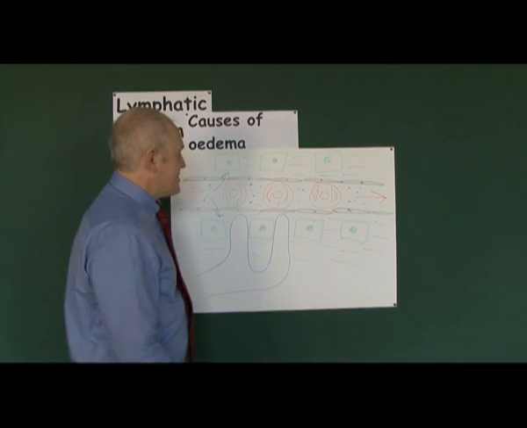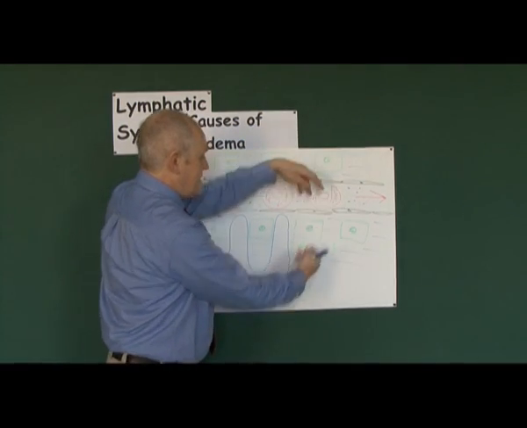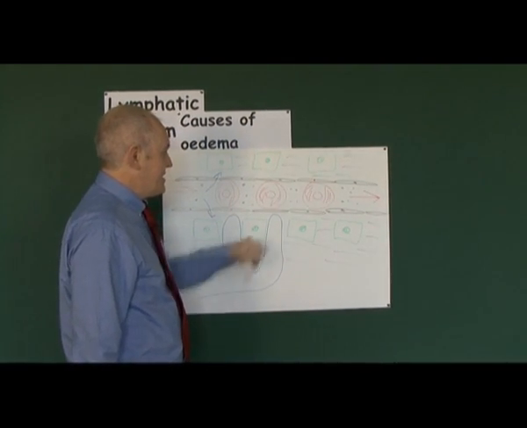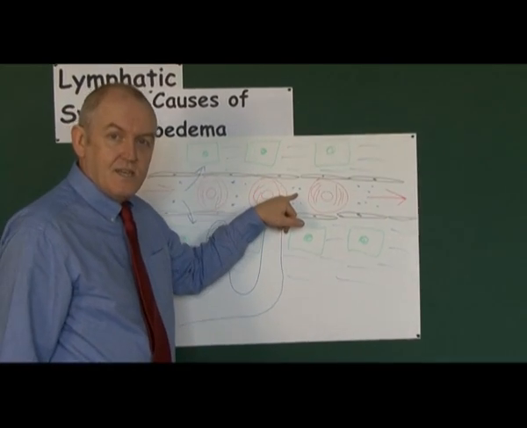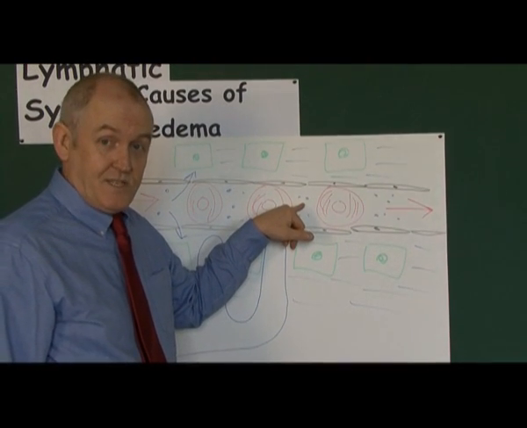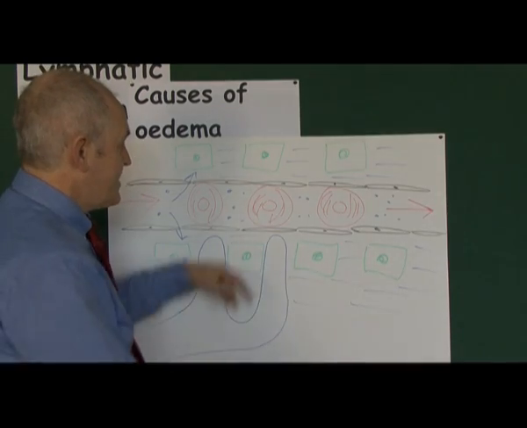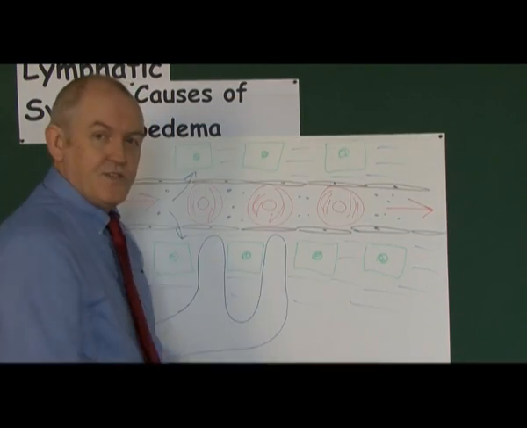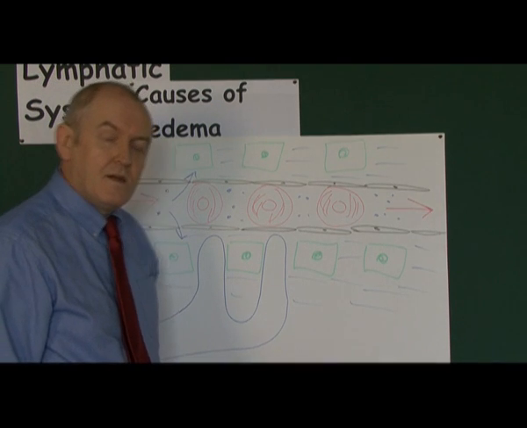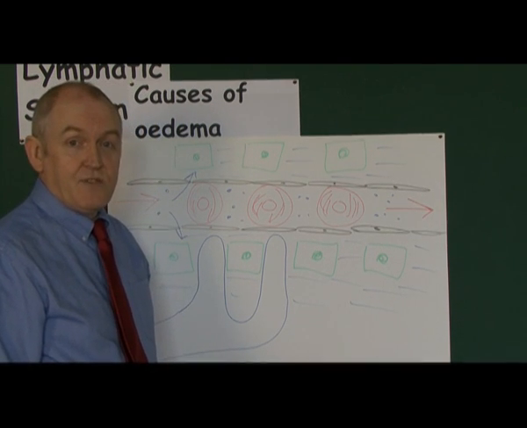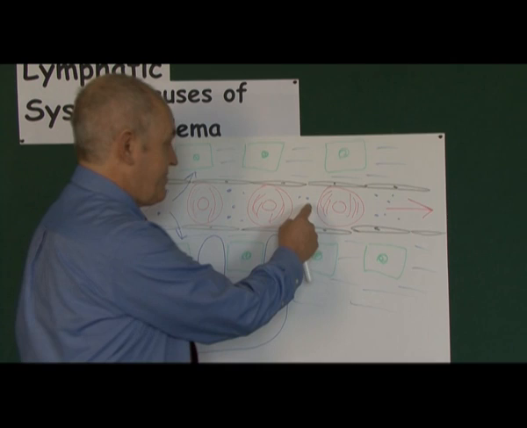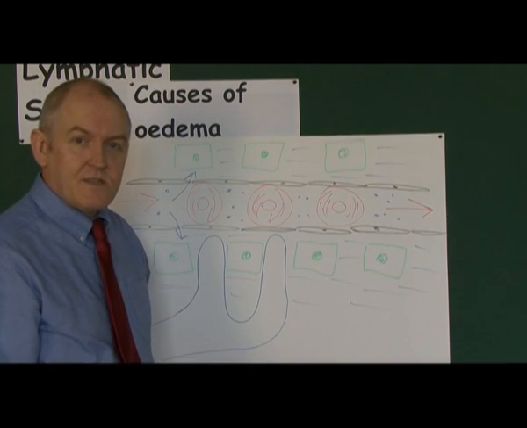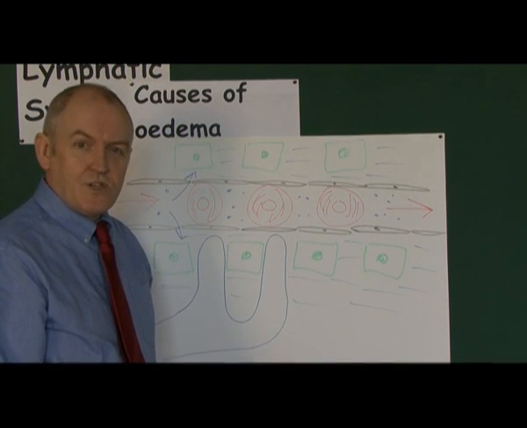Now we've noted that the reabsorption of tissue fluid depends on the osmotic suction pressure generated by the plasma proteins. We need the plasma protein osmotic pressure to suck the tissue fluid back in. So if for any reason there is a reduction in the amount of plasma proteins, that's going to reduce the osmotic pressure of the plasma.